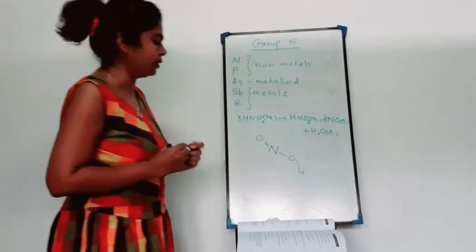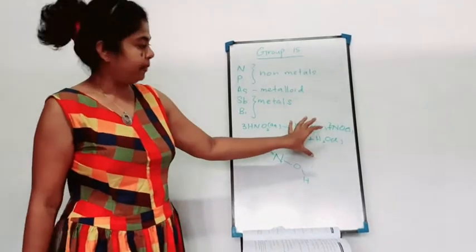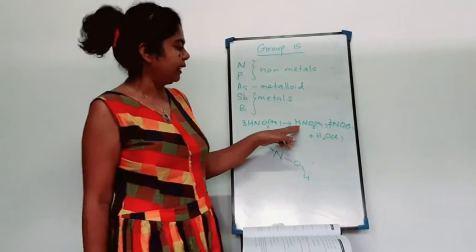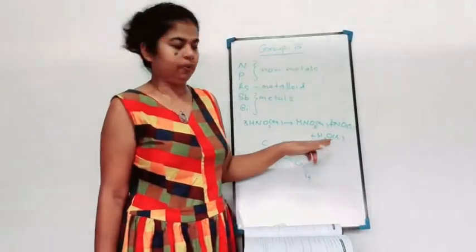So the reactant is 3 HNO2, and the products are HNO3, 2NO and H2O.